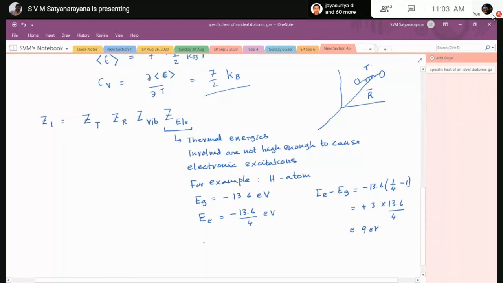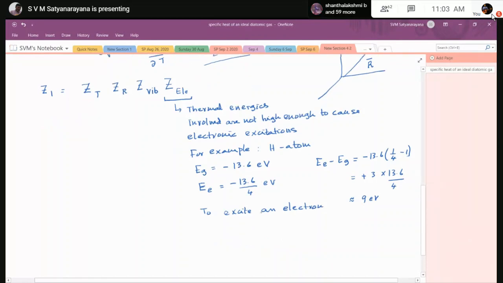So to excite an electron in hydrogen atom, we need temperatures such that your k_B T is of the order of 9 electron volts.